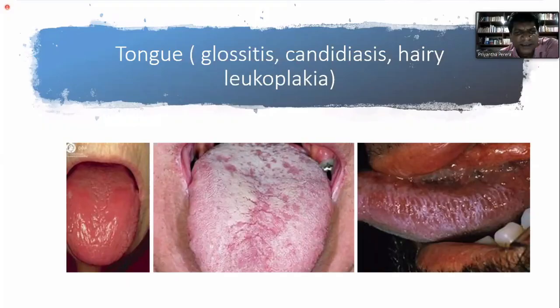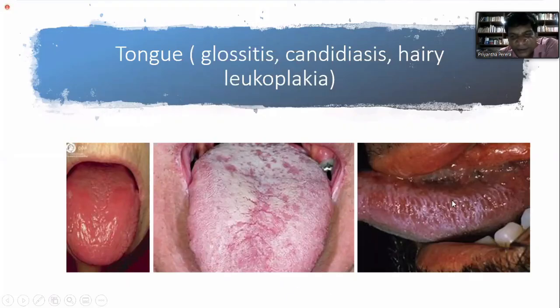That is the reason why you get it after antibiotic treatment: the normal bacterial flora living in the mouth will get killed, so the pathological organisms can establish on the oral tissue. Commonly in children, we find this after antibiotic treatment.